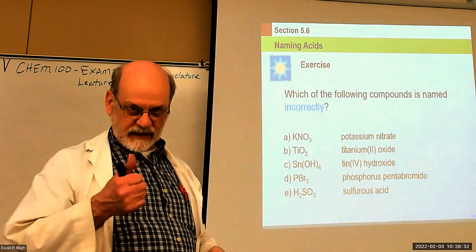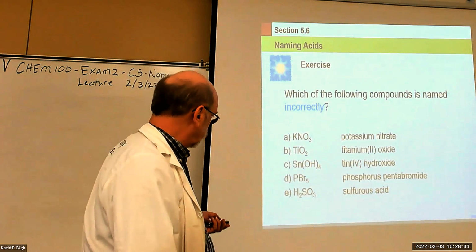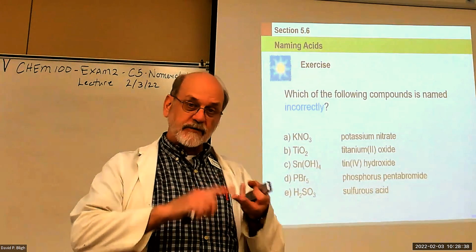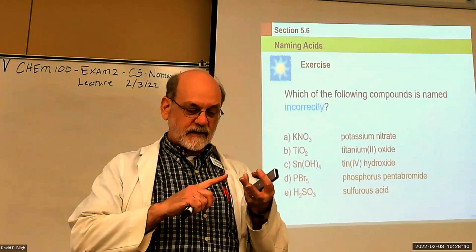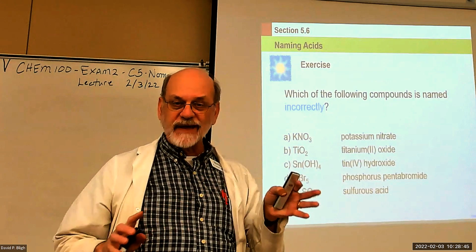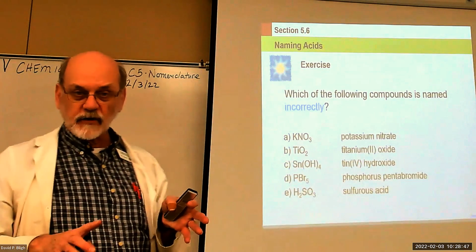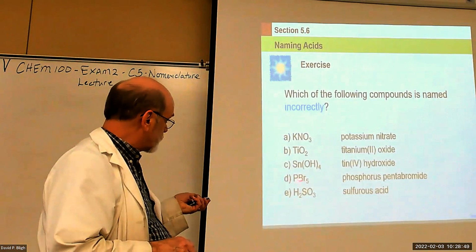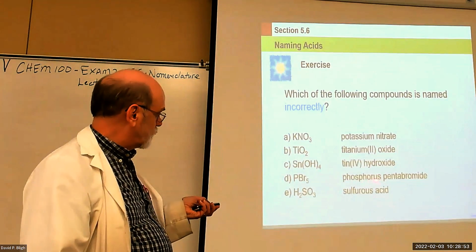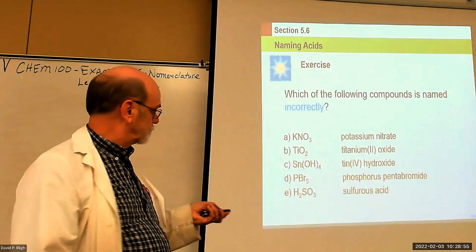Tin(IV) hydroxide is correct. PBr5, is that a type 1, type 2, or type 3? Phosphorus, bromine, they're both nonmetals. It's a type 3. So all you have to do is say phosphorus pentabromide. That one's correct.